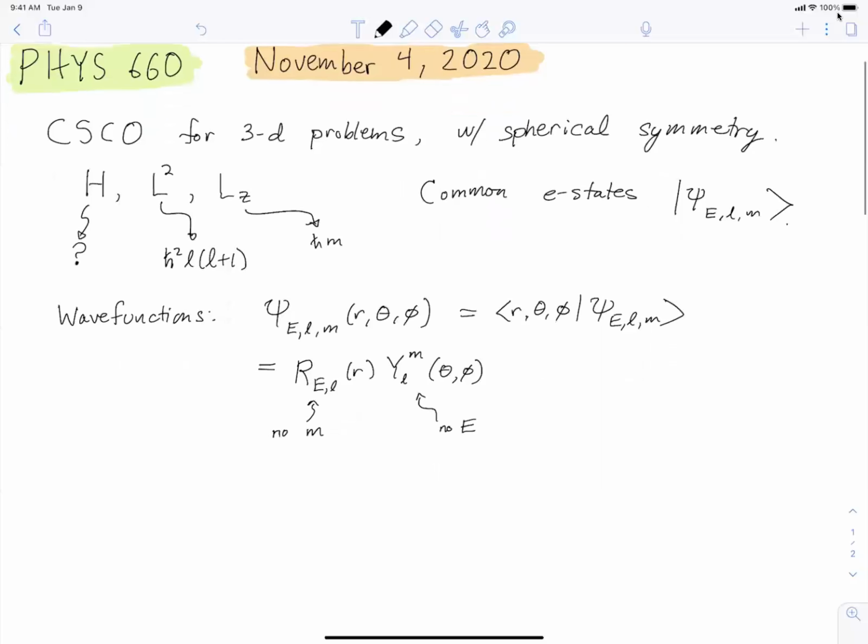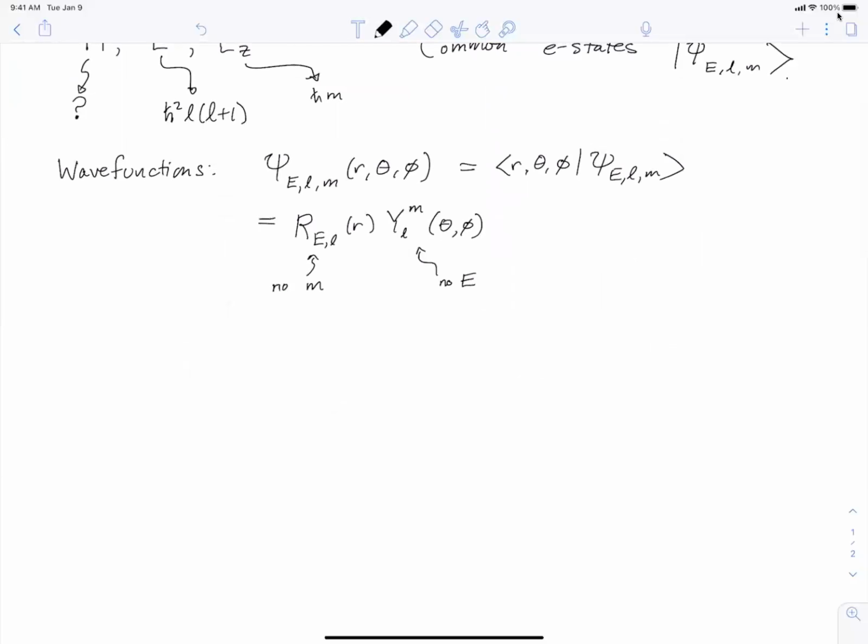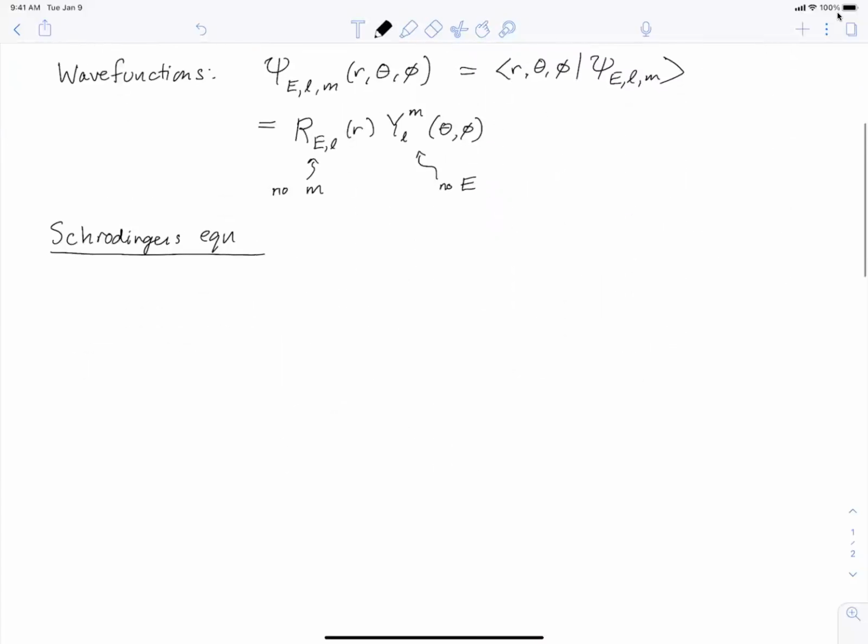Okay, so now if one plugs that into Schrodinger's equation, which is what I think is the last thing we did last time, we get the following.